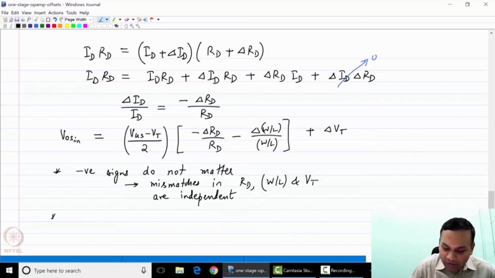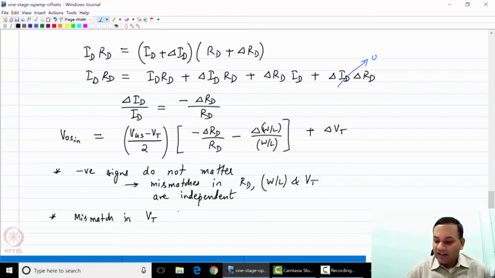But before doing that, we will just note down one more point, which is that the mismatch in the threshold voltage appears directly at the input of the differential amplifier.